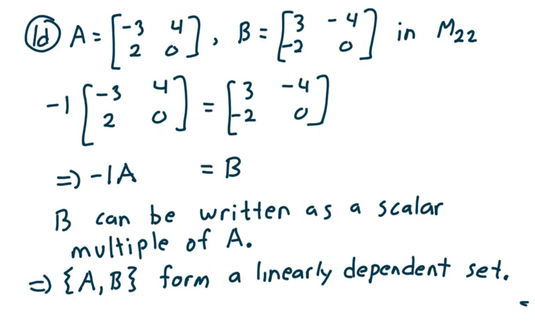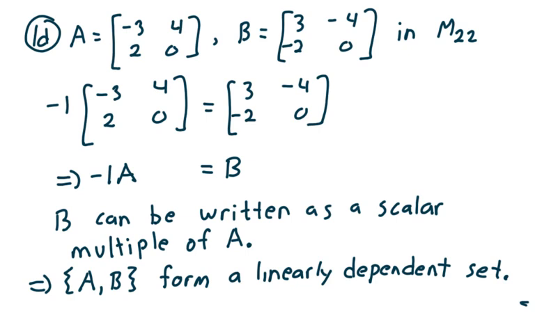1d. Suppose we're given A is the matrix [-3, 4; 2, 0], and B is the matrix [3, -4; -2, 0] in M22, which is the set of all 2 by 2 matrices. If I take -1 times the matrix [-3, 4; 2, 0], I get the matrix [3, -4; -2, 0].